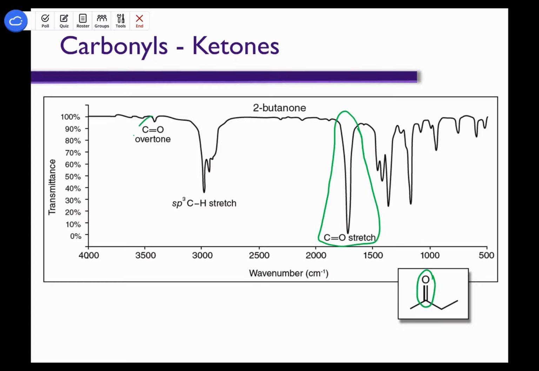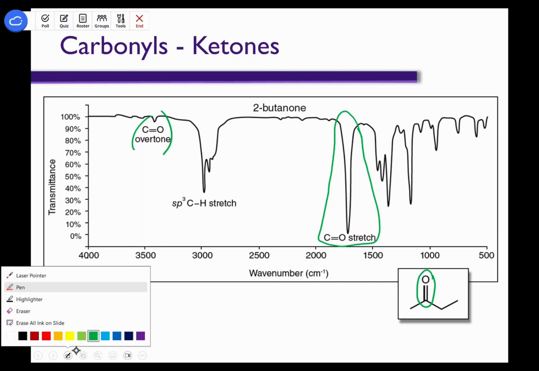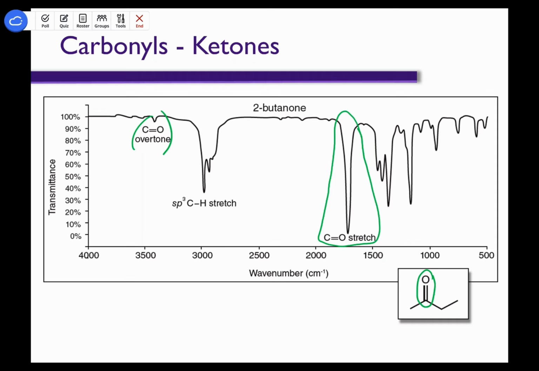It even has an overtone happening where it jumped like 2 energy levels. It's like double the wave number increase there. So here with the ketone, we're looking for that very bold C double bond O intense peak. And again, just less than 3,000 wave numbers, we still have our carbon-hydrogen stretches happening.